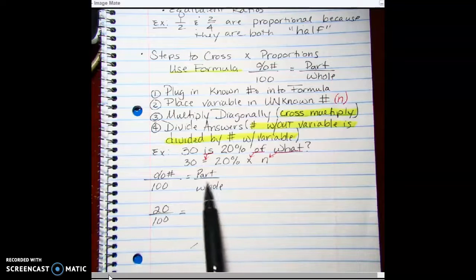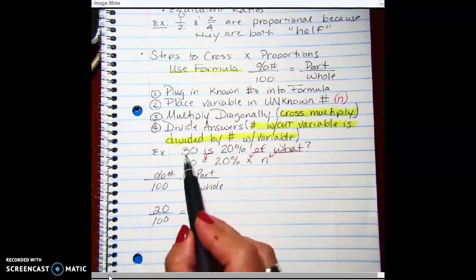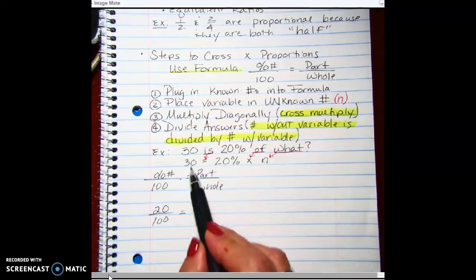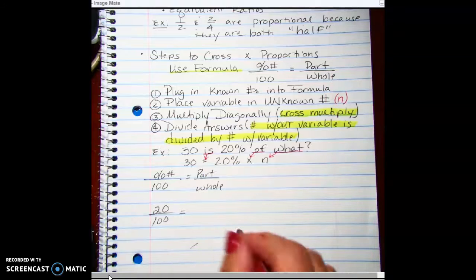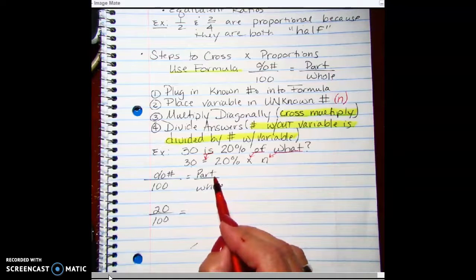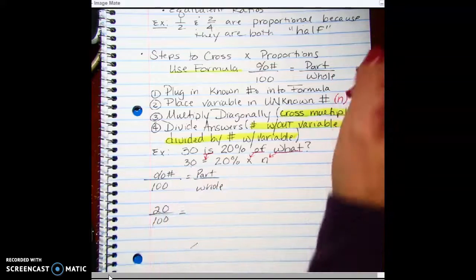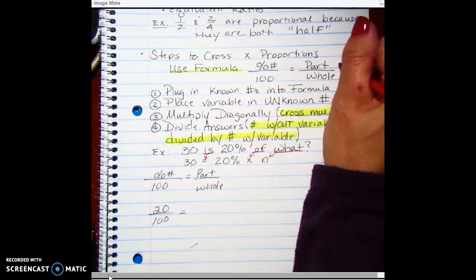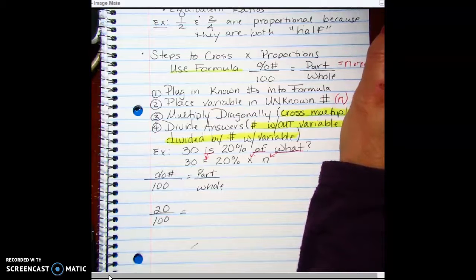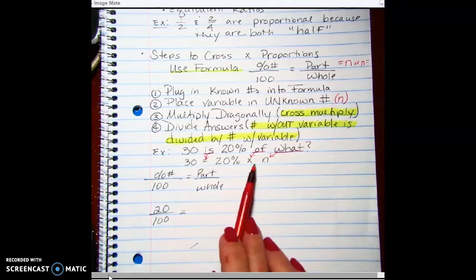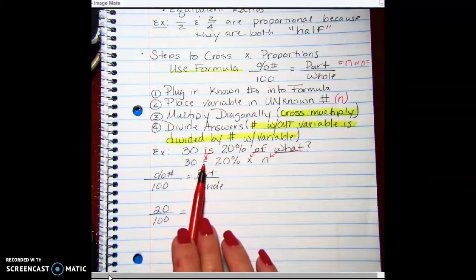But now I have to figure out which one's the part, which of these, the n and the 30, which is the part and which is the whole. Well, we're going to write down a little trick here. The part is always going to be the number which equals n or which n equals. So let's look here. We have, oh, no equals.